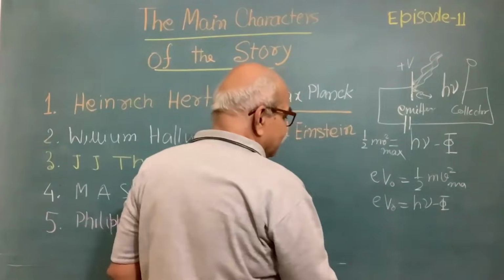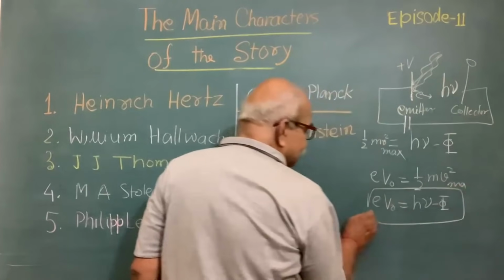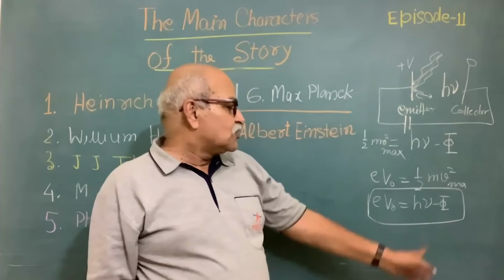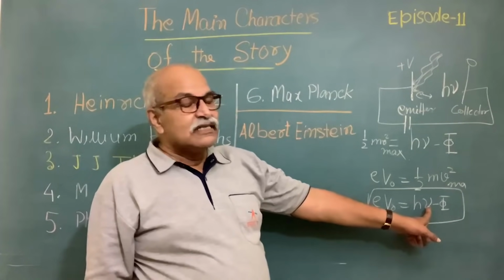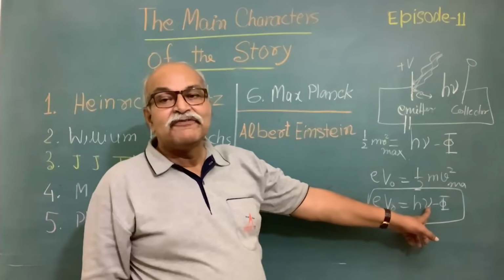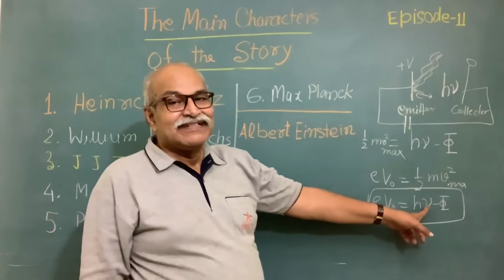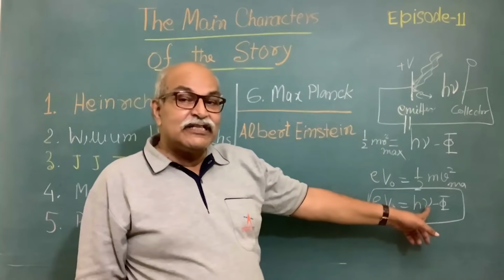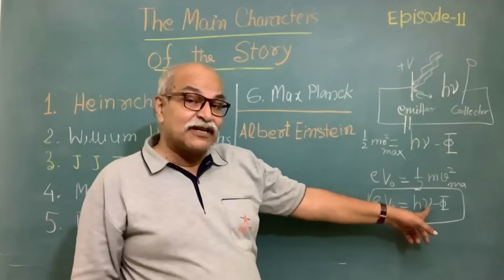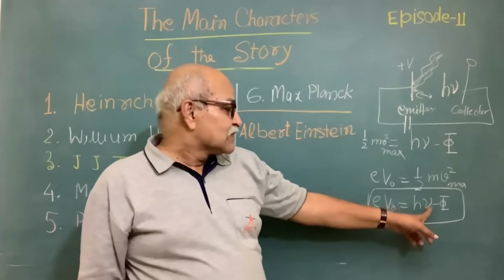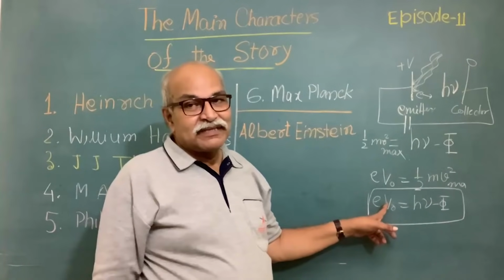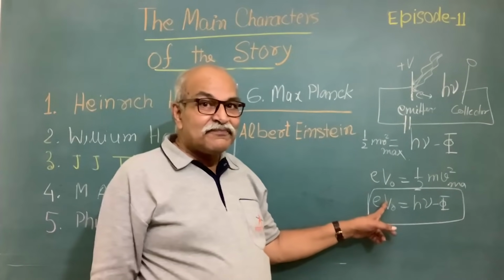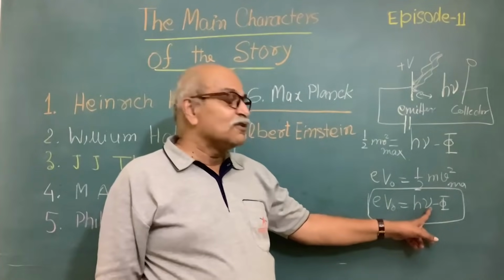But then he says that fine, if this is the case, and someone does an experiment in which he or she uses light of different frequencies, different monochromatic sources, each having a single frequency or a single wavelength, and finds the stopping potential for each, and therefore collects data on stopping potential as a function of nu.